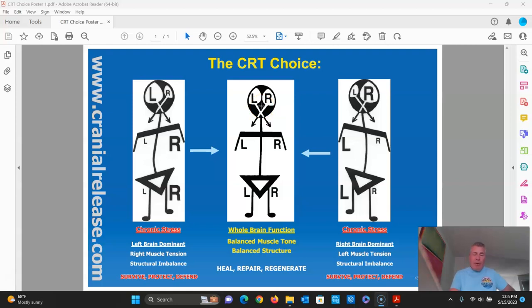So if we go back to this figure number 1 here, we saw the right leg was short, the right leg was tight, the right pelvis is high, the right shoulder was high. That's all secondary to the left brain being overactive because of stress. The patient's left side was overactive because of stress, constant, chronic, low level, and many times high level stress.